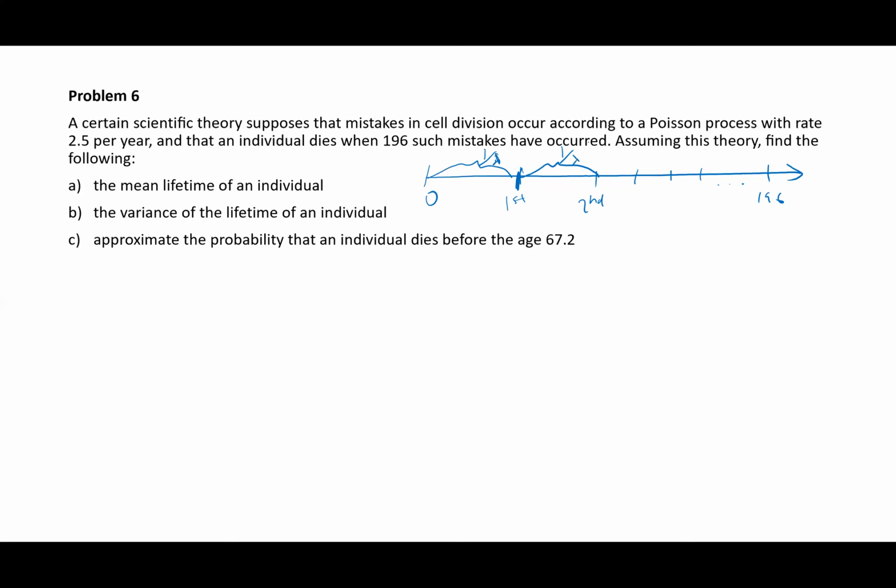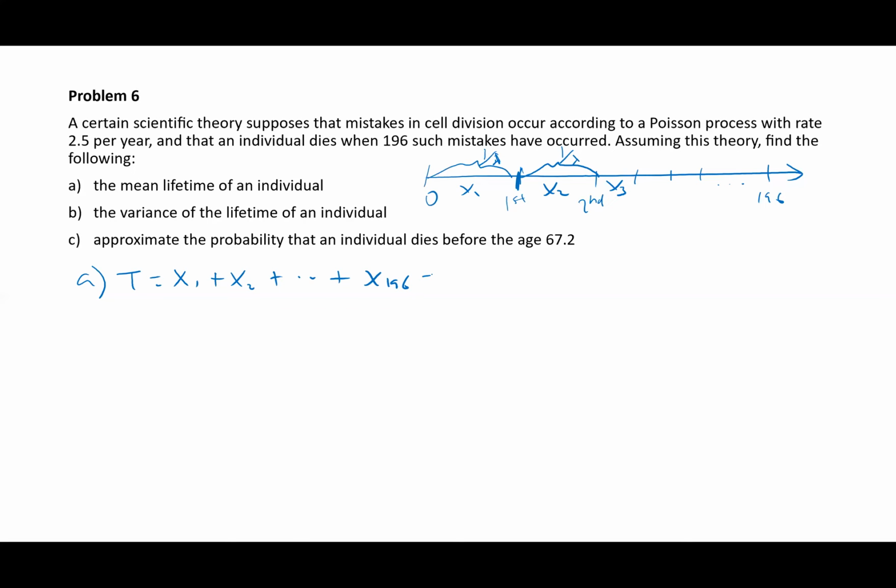Okay, so if I want to find part A, I'll call it T. This is the total time. So X1 is the time until the first mistake, and X2 is the time between the first and the second mistake. So you can call these X1, X2, X3, etc. Until your 196th mistake, that's the total time until your body makes that 196th mistake.